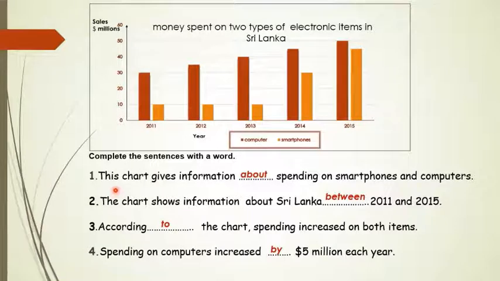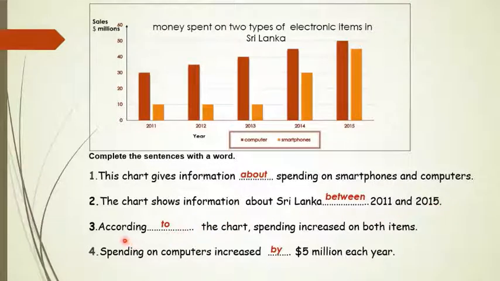Okay, to be familiar with the sentences, can you read this? This chart gives information about spending on smartphones and computers. Number 2, come on. The chart shows information about Sri Lanka between 2011 and 2015.